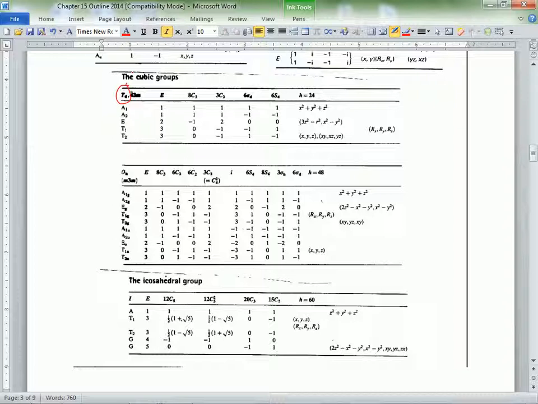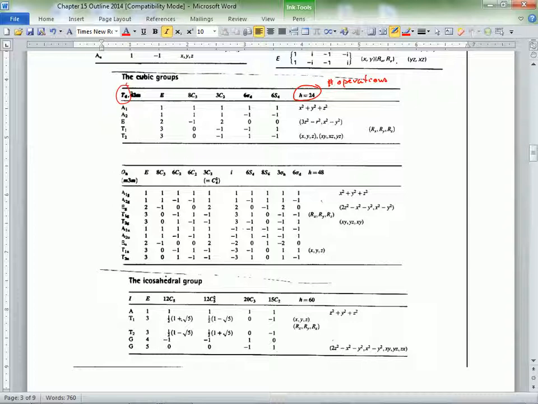Okay, the first thing I want to mention here is h, that's the number of symmetry operations, because they didn't want to list them all out. For example, you have 8 C3s.